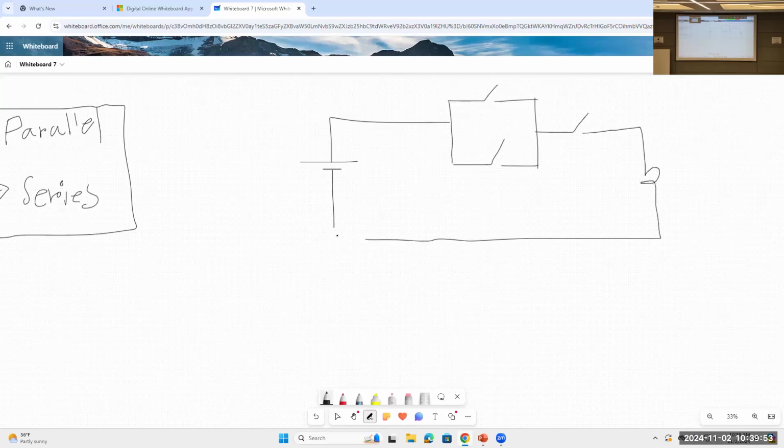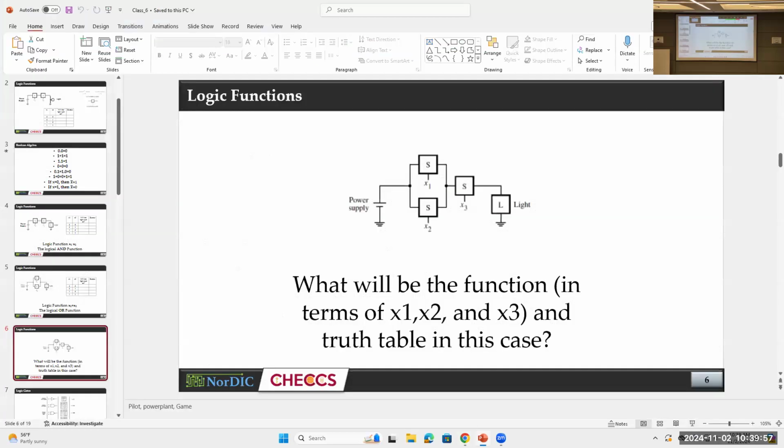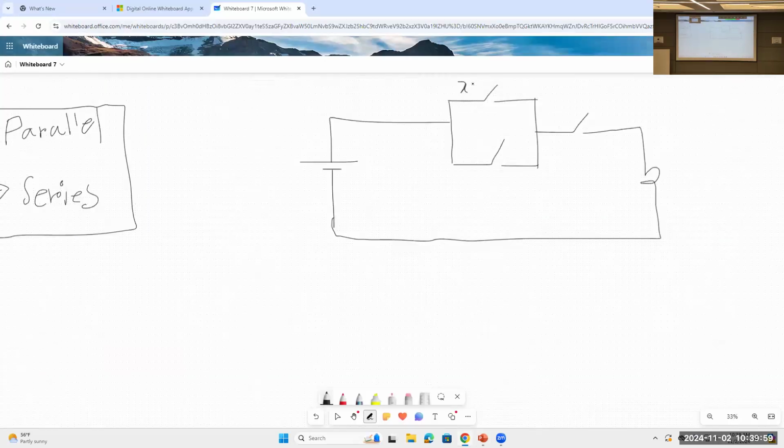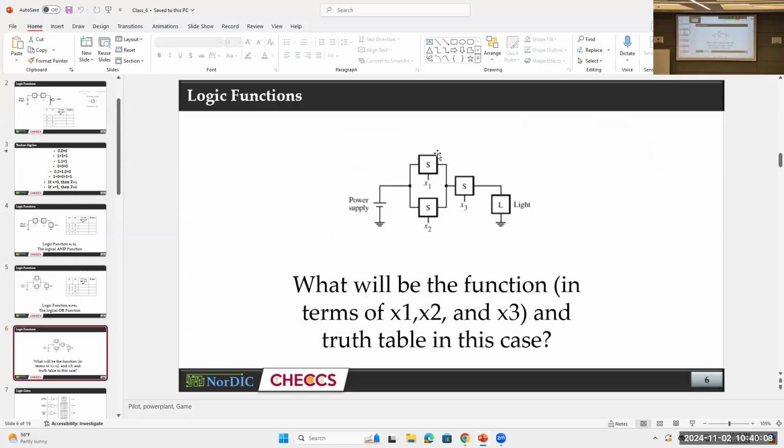This is a valve. This is x1, this is x2. In the slide, these switches are represented as boxes. It doesn't matter, it's just a representation.